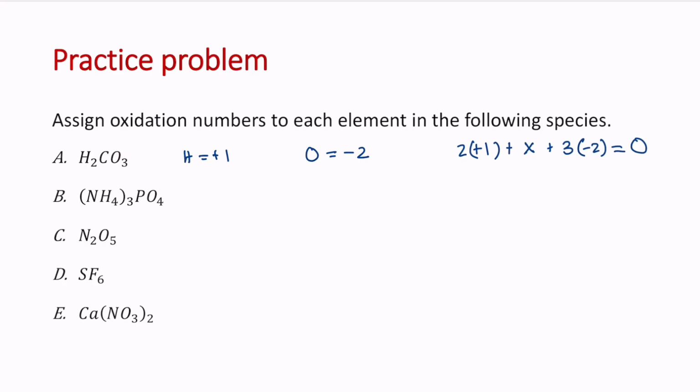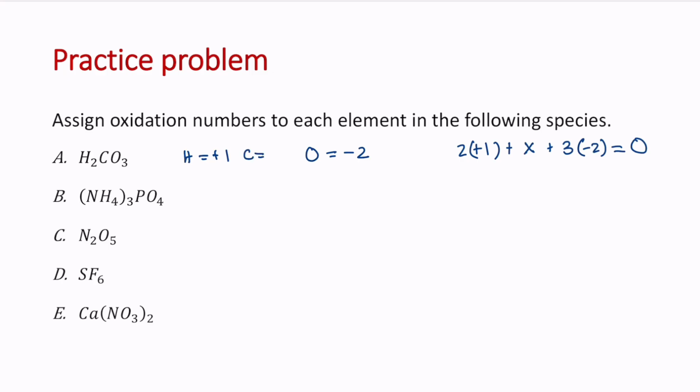So I have 2 plus x minus 6. If I solve for x, we're going to get +4.